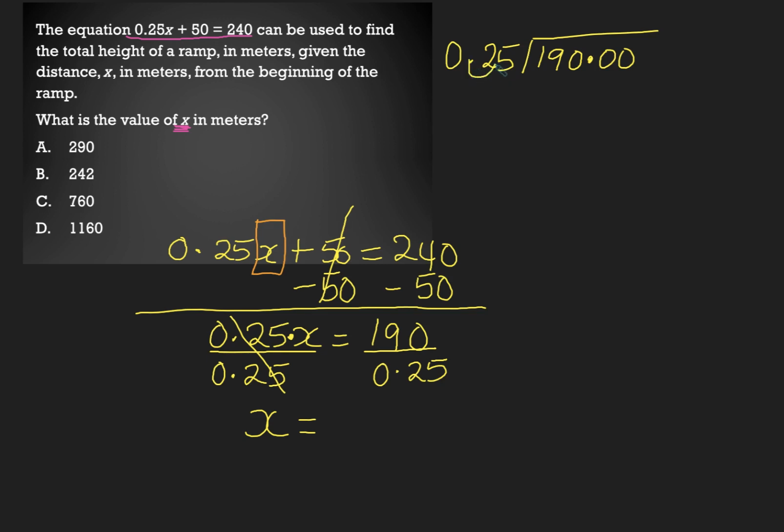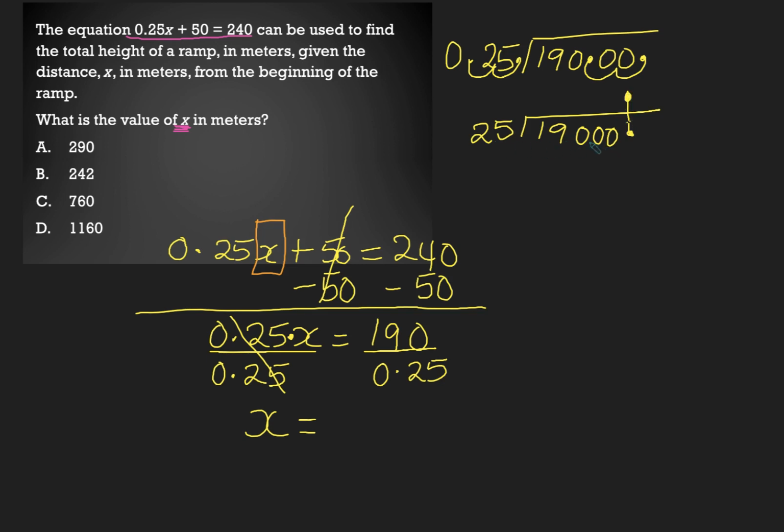So I need to move my decimal point 2 places to the right to make it 25, which means that in the dividend, I have to move my decimal point also 2 places to the right, and it becomes 19,000. And here's my decimal point, and I can bring it up here.